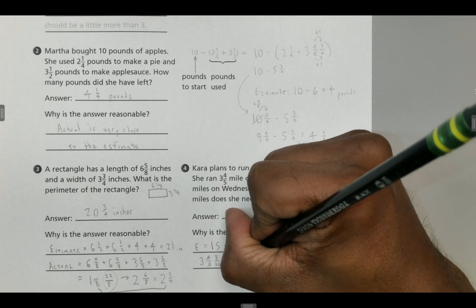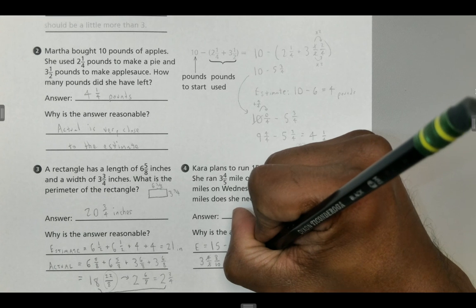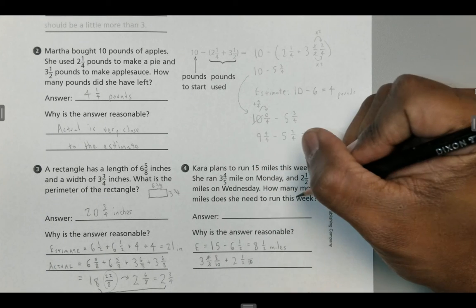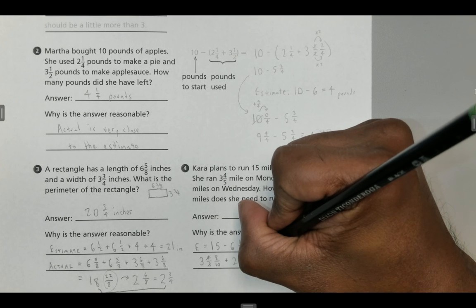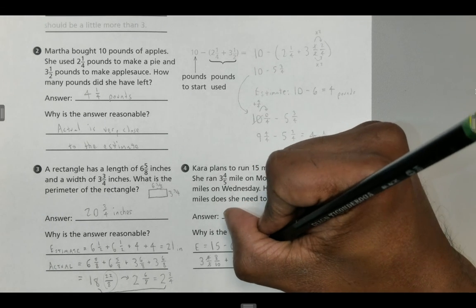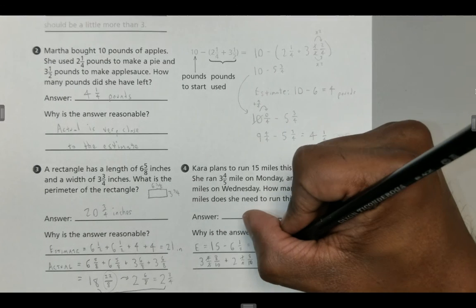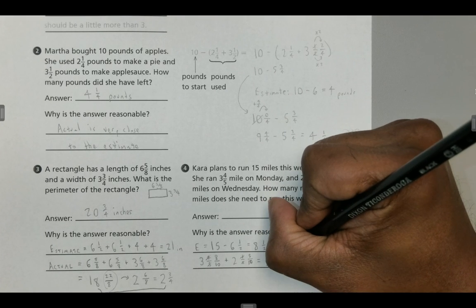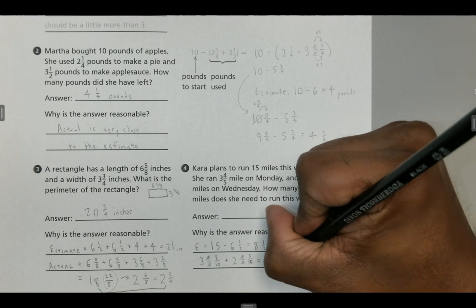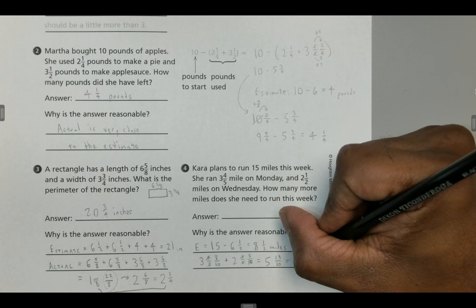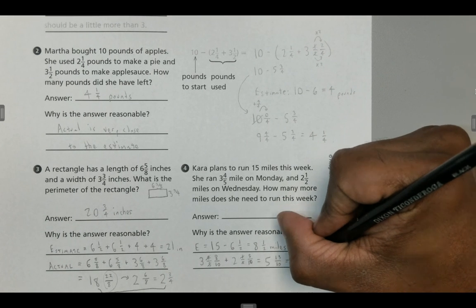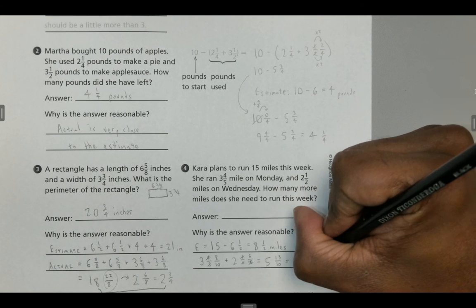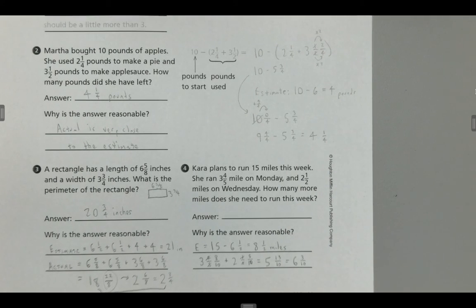Plus 2.5. Again, what I do to the bottom, multiply by 5. I do to the top, multiply by 5. 2.5 becomes 2 5/10. Improper. She has run 6 3/10 miles so far.